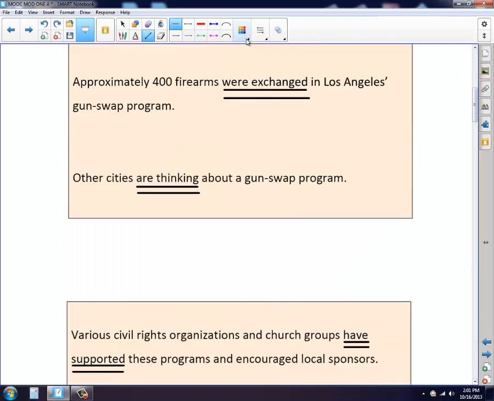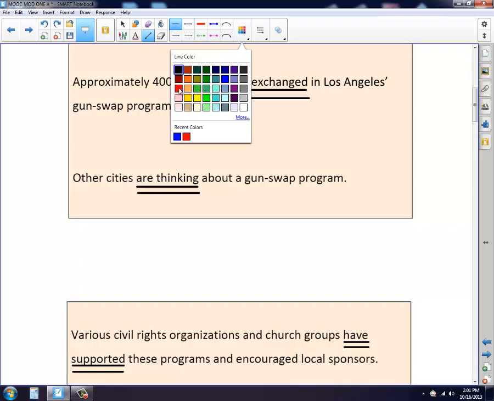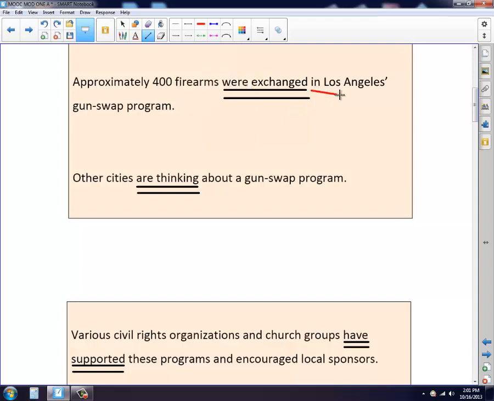Approximately 400 firearms were exchanged in Los Angeles' gun swap program. In Los Angeles' gun swap program is the prepositional phrase. Other cities are thinking about a gun swap program. About a gun swap program is the prepositional phrase.